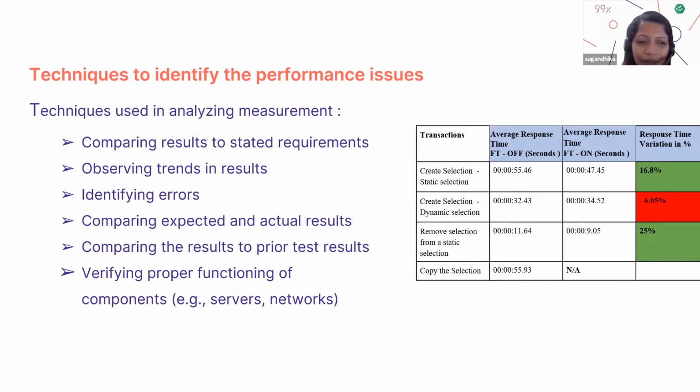So, identifying errors. Let's say you are starting a test and you are getting errors from the beginning itself. Then there is no point in proceeding with that test, because something is seriously wrong.